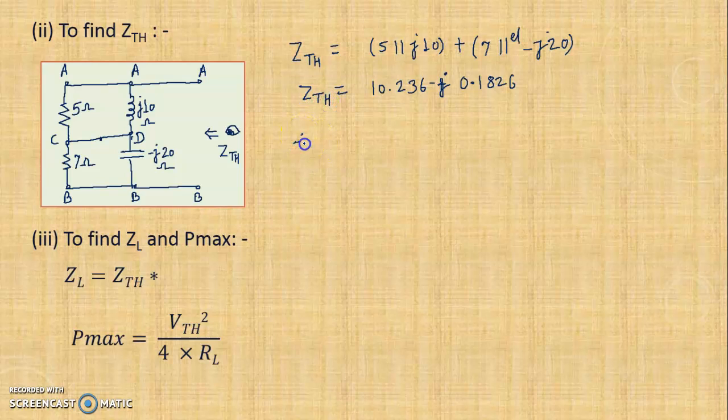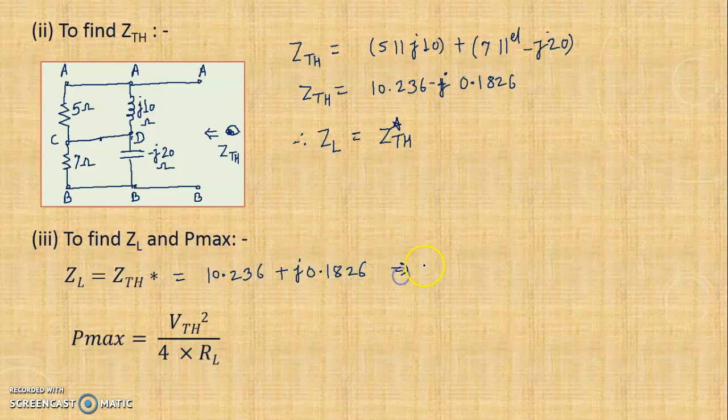Now therefore ZL is equal to the complex conjugate of ZTH, right? This is our formula. So step 3 is to find ZL and Pmax. The complex conjugate of this is 2.36, so that minus becomes plus 0.1826.